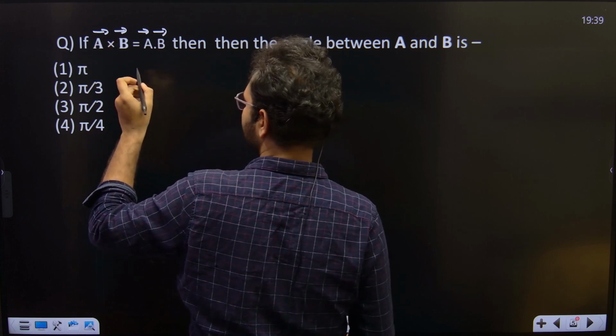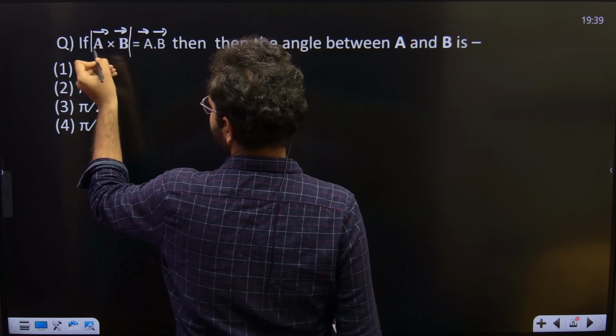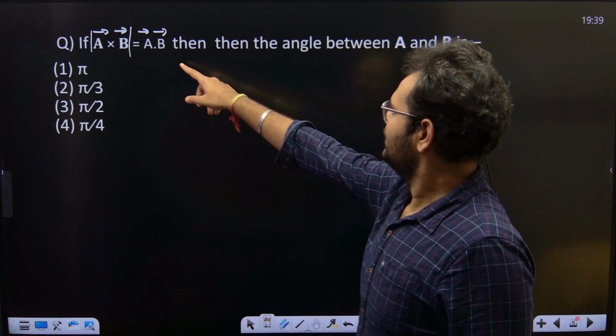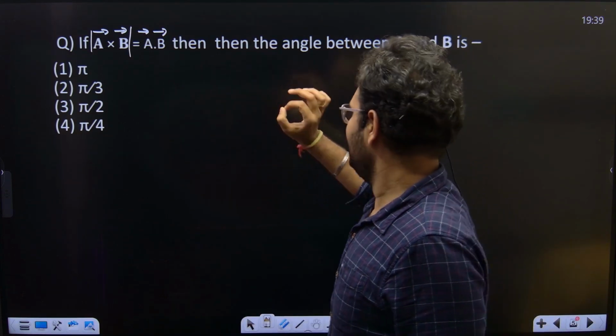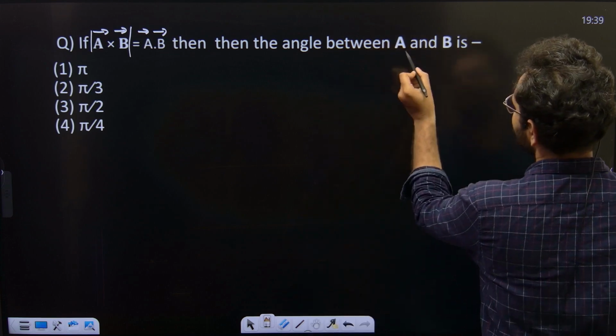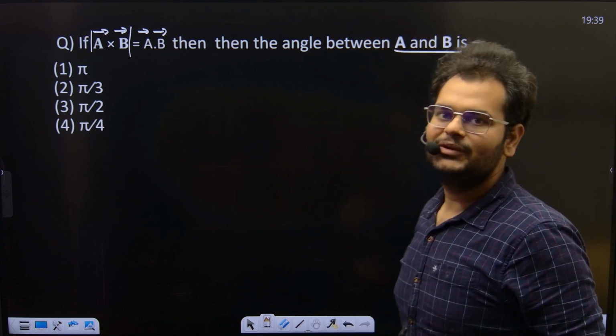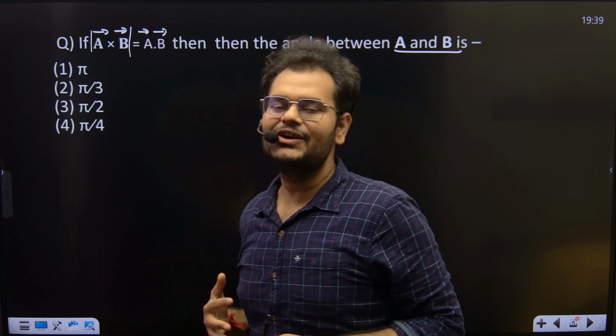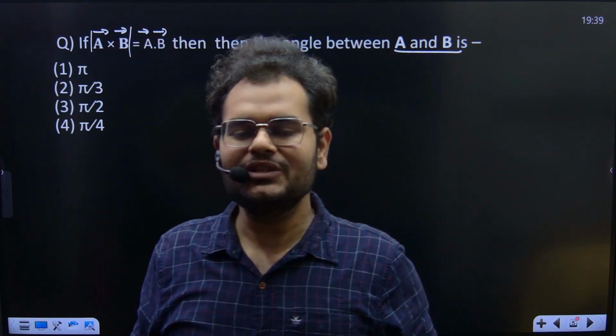Let me correct it. What they are saying, a magnitude of cross product is equal to dot product of AB. They are asking what is angle between A and B. Sir, cross product is a vector quantity, dot product is a scalar quantity. How they can equate the two?